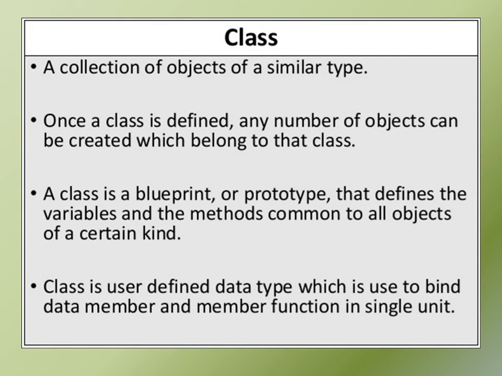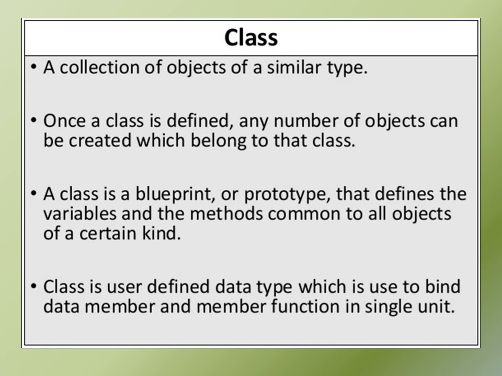Class: a collection of objects of similar types. Once a class is defined, any number of objects can be created which belong to that class, so you can create as many objects as you like of that one class. A class is a blueprint or prototype that defines the variables and the methods common to all objects of a certain kind.